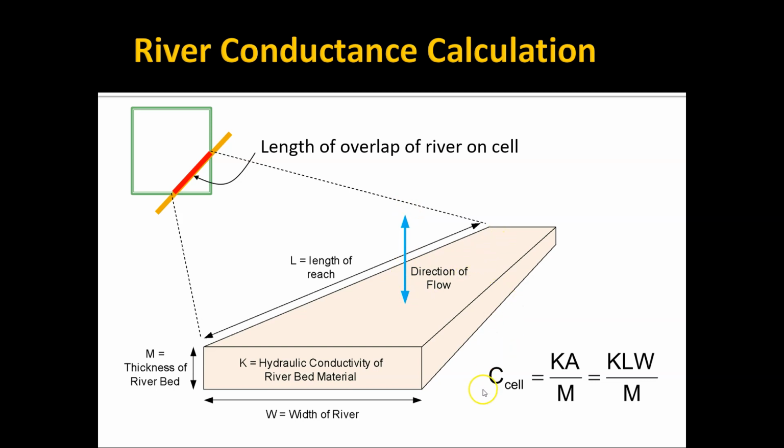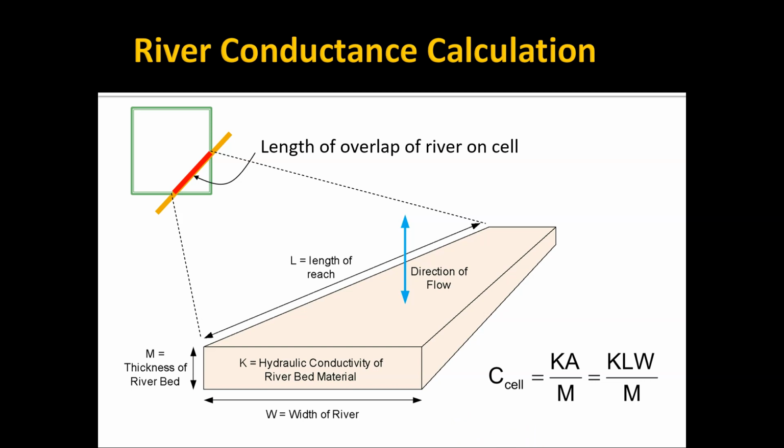So to get the conductance, we do hydraulic conductivity times the area of flow divided by the length of flow. Well, the length of flow is this thickness of the river bottom sediments. The area of flow is the length of the reach multiplied by the width of the river. So L times W. So our conductance is calculated as K L W over M.